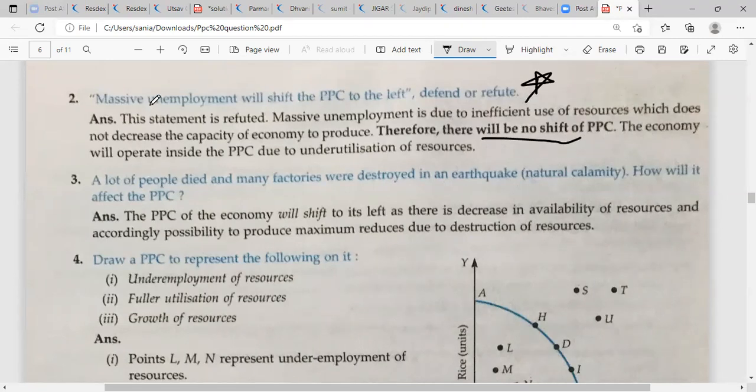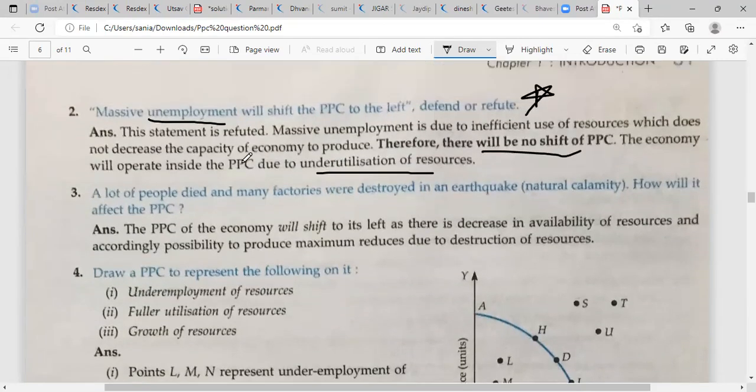People are not getting jobs, but what is the relation of technology and resources with that? There is no relationship. Therefore, there will be no shift in the PPC, and the economy will operate inside the PPC due to underutilization of resources. Clear? Yes, teacher.